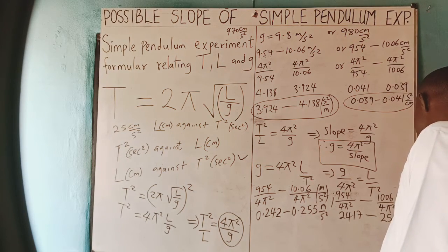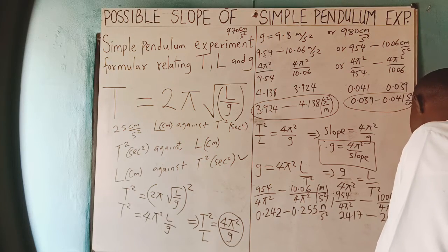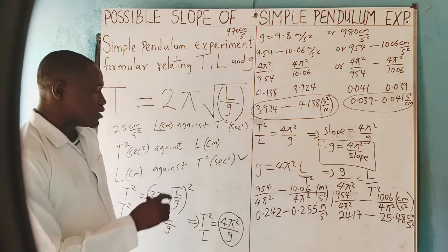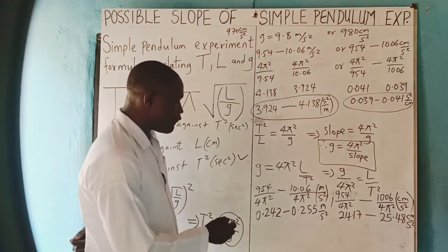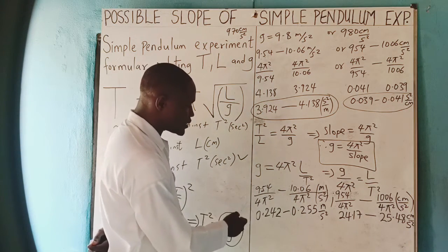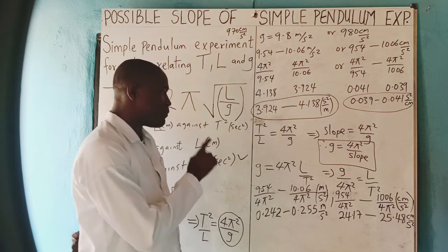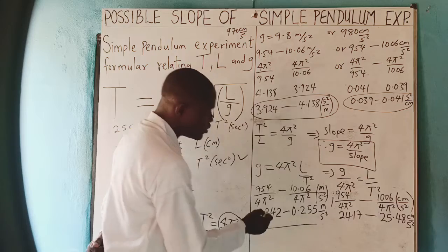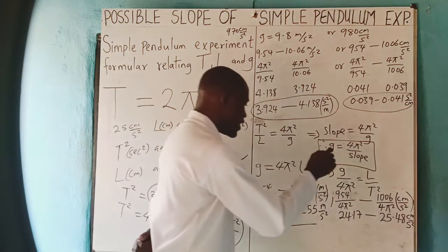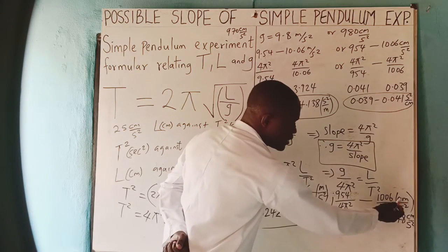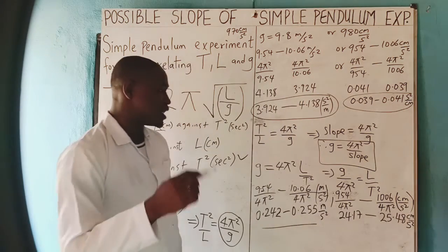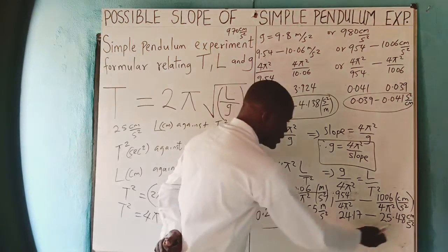That is in centimeter per second squared. So you've been able to see the possible value for your slope if you are plotting the graph of L against T square. Look at the possible values in terms of centimeter and second square, in terms of meter per second square.